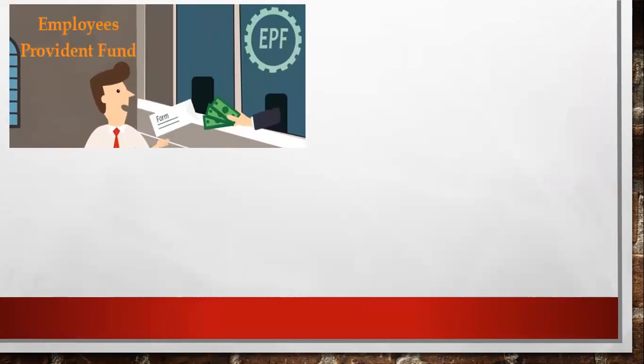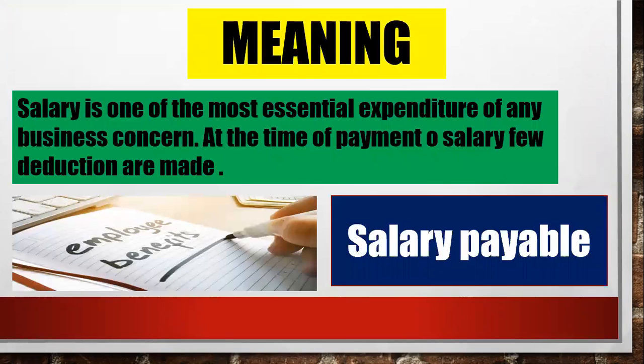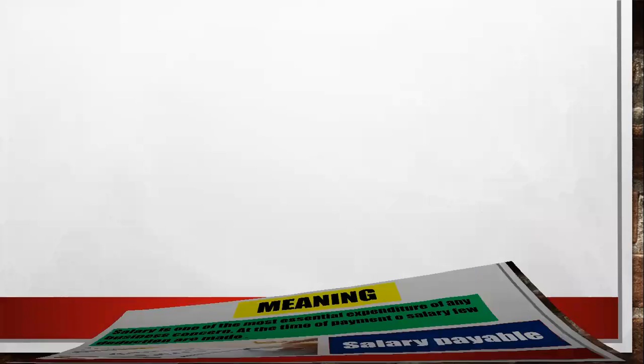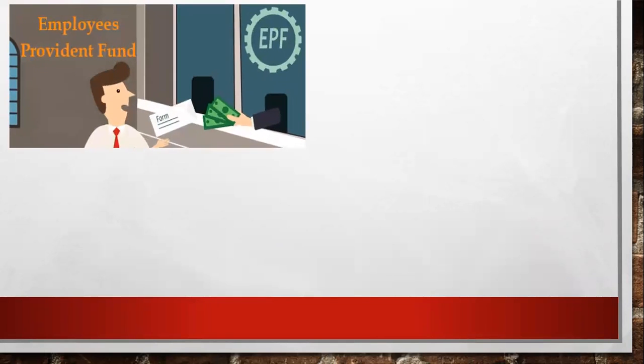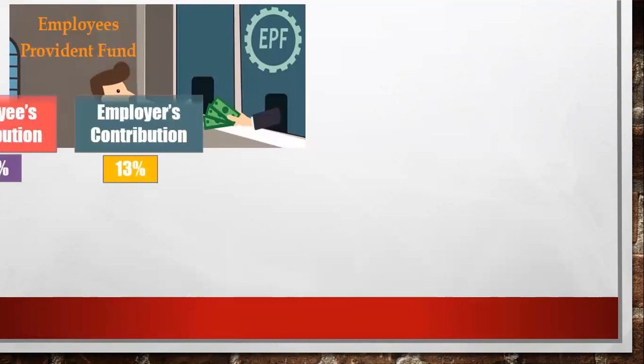Before making a payment of salary, the government has mandated that all employers have to make deductions. A few deductions are made for that. Mainly the provident fund, the employee provident fund.